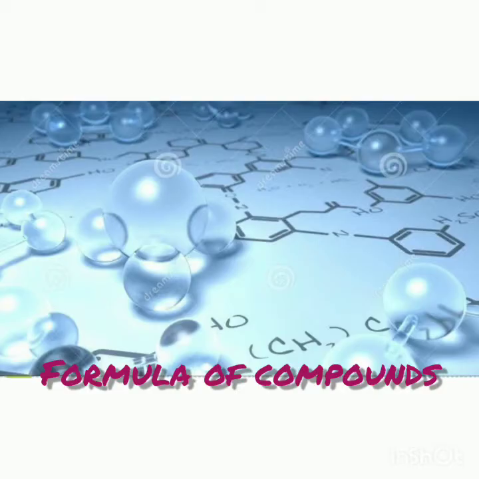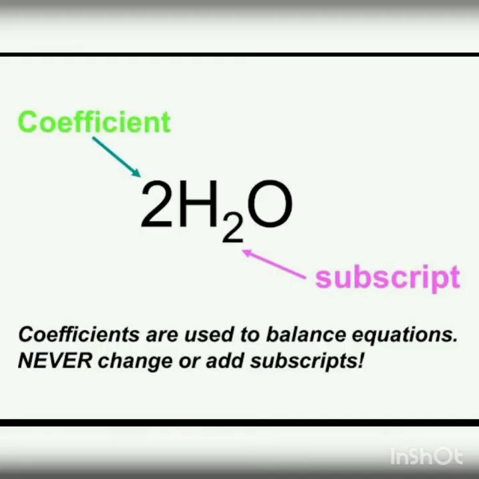Next we have the formula of a compound. Again, this formula represents what elements are present as well as how many atoms of each element are present in one molecule of a compound. For example, water.